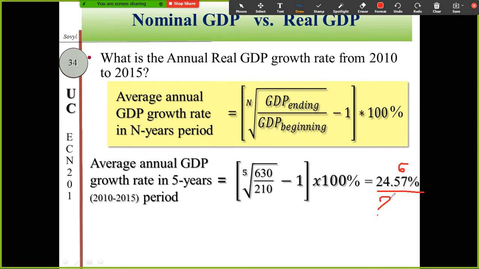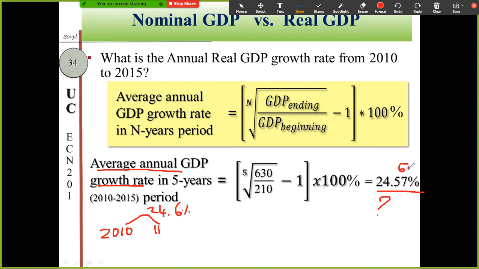What does 24.6 mean? 24.6 is the average annual GDP growth rate for the 5 years period from 2010 to 2015. Exactly what does it mean? It means that from 2010 to 2011 the growth rate is 24.6%.